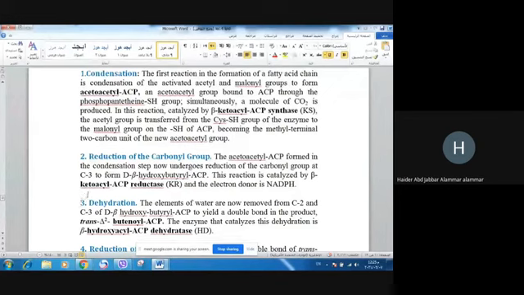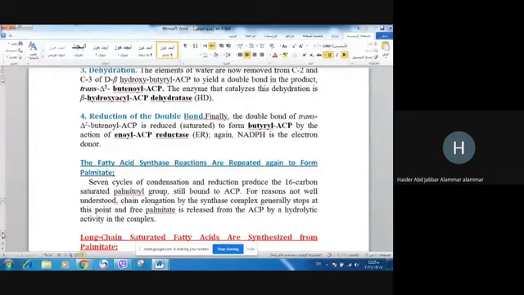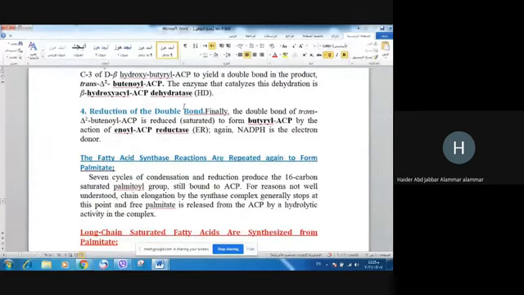أحد طلاب هسه جاوبني الله يخليه هو الكيتو أسيل كيرير بروتين ريدكتيز انزيم. والديهايدريشن هو عكس البيتا اوكسيديشن، هناك هيدراتيز هنا دي هيدراتيز enzyme. The last one step 4 هو reduction of the double bond by enoyl acyl carrier protein reductase enzyme. The name of enzyme, please, you have to know name of enzyme for each 4 steps, the name of the step, and each enzyme catalyze this step مطلوبة من عندك يعني.